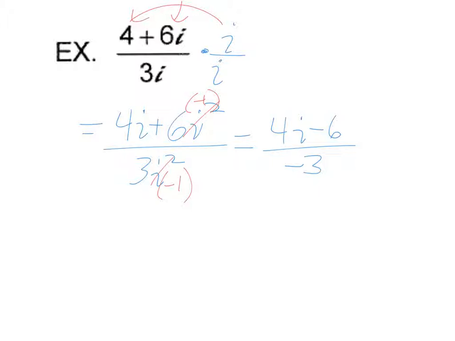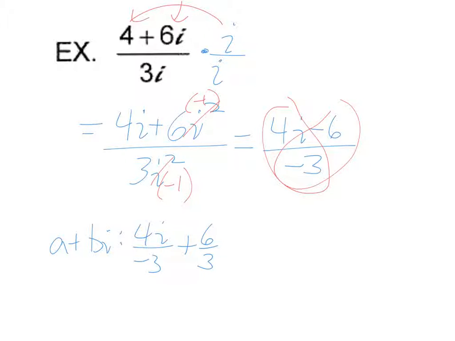And if we were going to write that in a plus bi form, then we would split the fraction apart, and that would be 4i over negative 3, and then a negative divided by negative would be a positive 6 over 3, and the term with the i is supposed to come second. 6 over 3 is 2, so we'll write 2 minus 4/3 i.